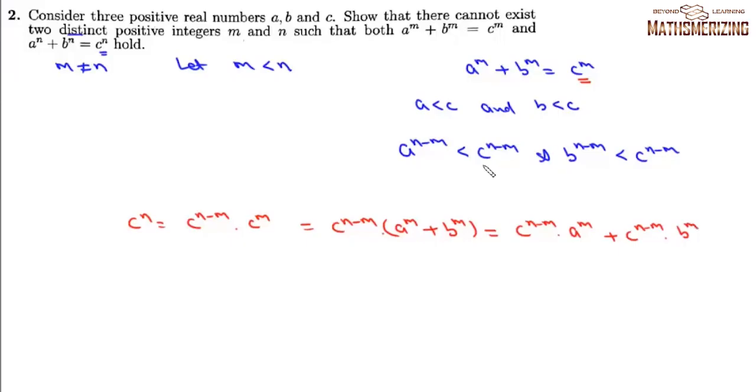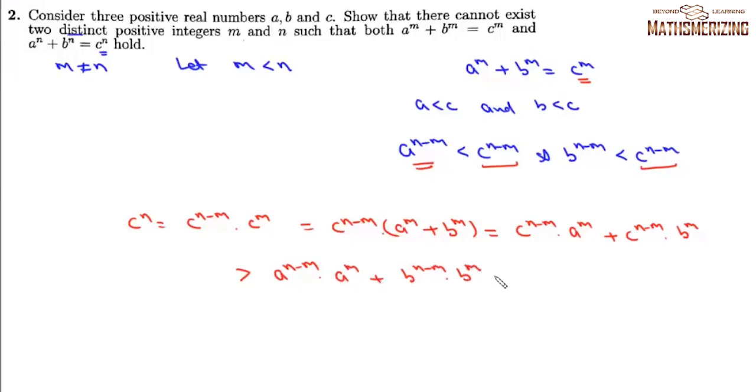Now c to the power n minus m is greater than a to the power n minus m. In the same way, c to the power n minus m is greater than b to the power n minus m. So we can say that this is greater than a to the power n minus m into a to the power m plus b to the power n minus m into b to the power m.